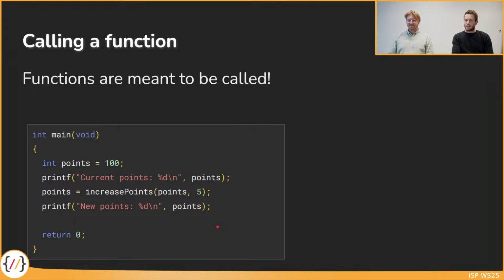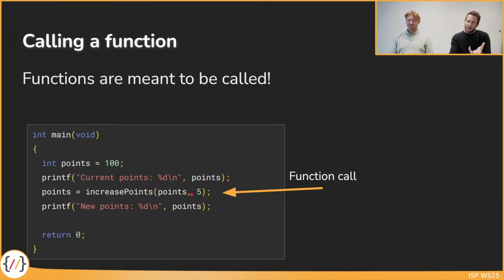Okay, so let's have a look at how this function could now be used in our code. We have a main function here, and we see a points variable, some print statements, and also here that we call our function in this line. So this is a function call, and whenever I want to use my function, I have to call it this way, meaning that I use the name of it and I pass arguments to this function.